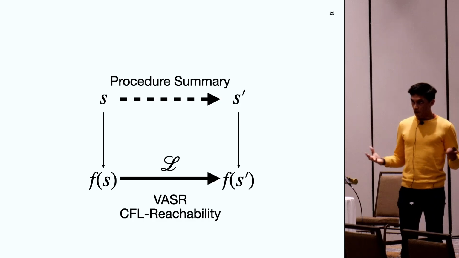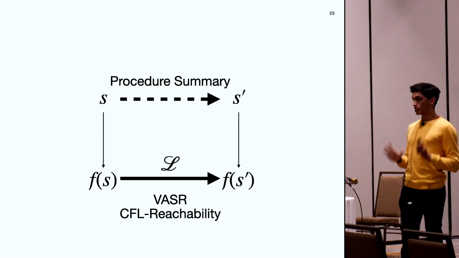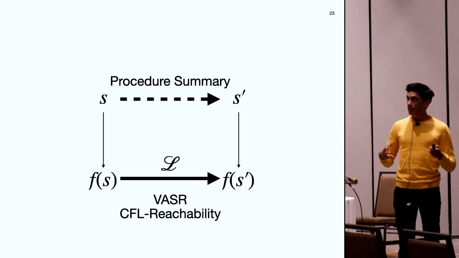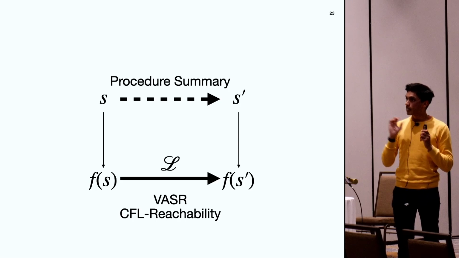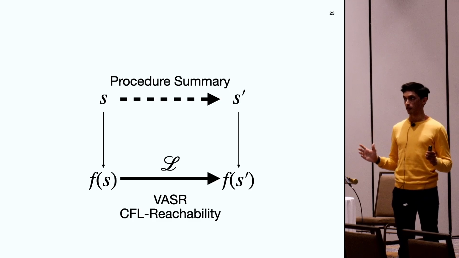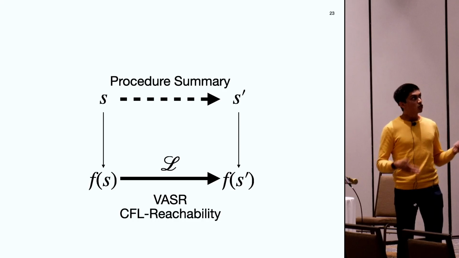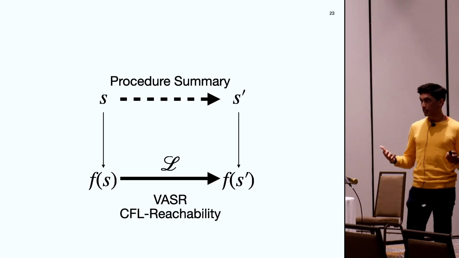Now, what I am doing is that I'm computing a VASR abstraction of the body of a procedure. And then I'm computing the reachable set of states of this VASR along transition sequences corresponding to the recursive structure of the procedure. The language L of such transition sequences is a context-free language.